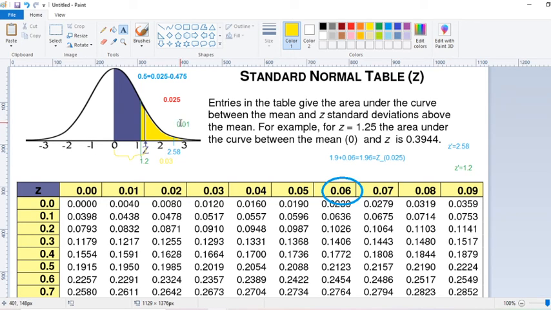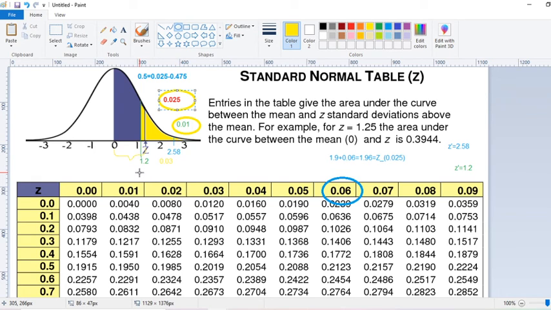This is the calculated area. Since this calculated area is much less than this table area, we can say that the corresponding point will be in the rejection region, that is 2.58.